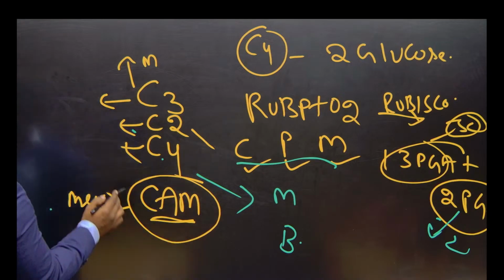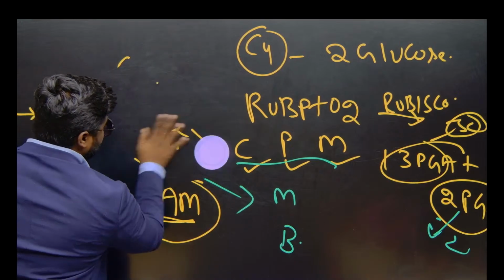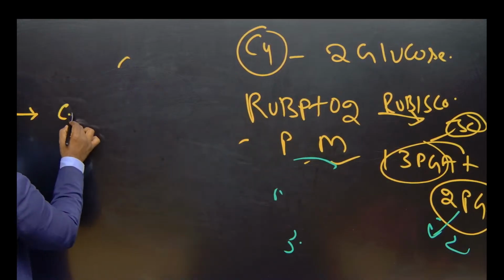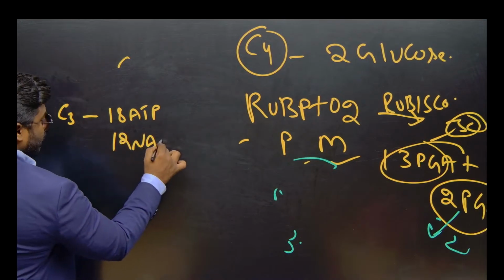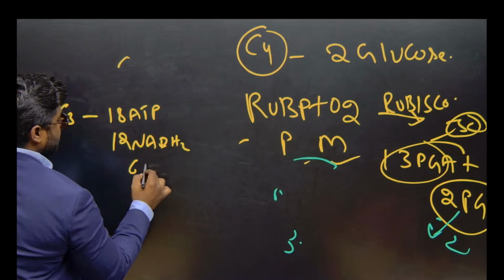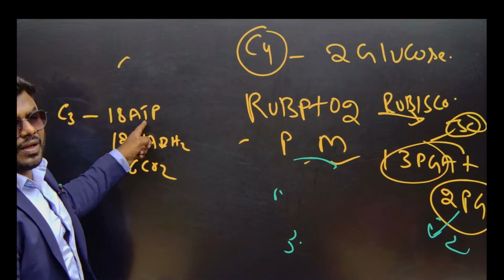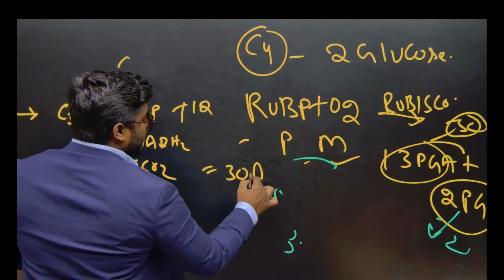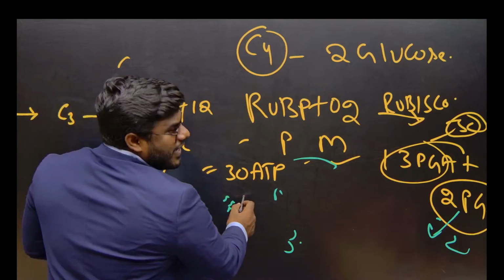Tell me, for the C3 pathway, how many ATPs are required for 1 glucose? 18 ATPs, for 1 glucose we need 18 ATP. How many NADPH? 2 NADPH. And 6 CO2. This is very clear. And what we discussed in C4 additionally, how many ATP? In C4 we need plus 12. Total? 30. At least recalled or not? You are not reading. 30 ATP we required.